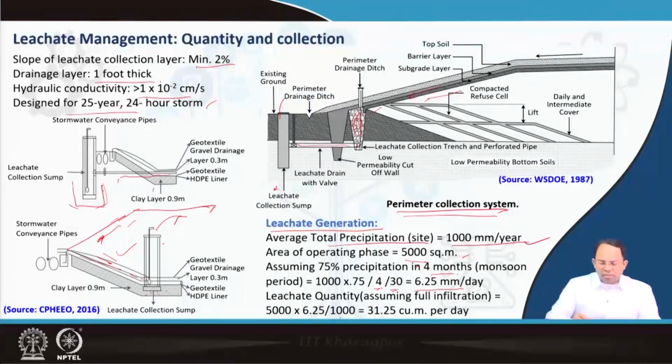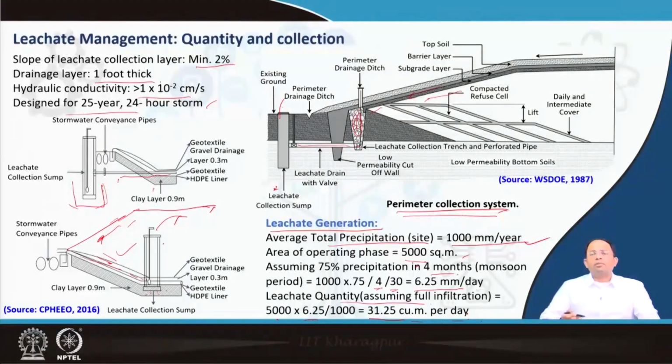So the total leachate quantity is 5000 multiplied by 6.25 divided by 1000. We divide the 6.25 millimeter by 1000 to make it meter, so it becomes 31.25 cubic meter of leachate collected per day.